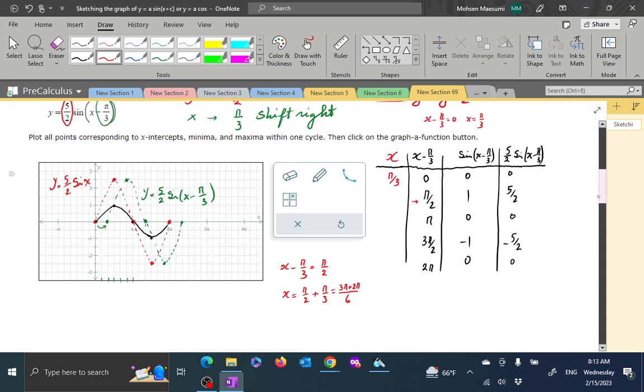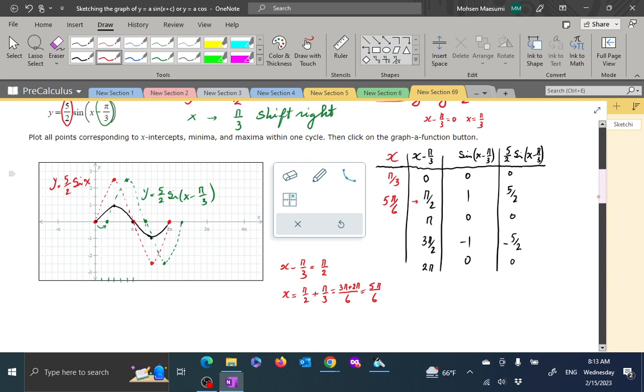This becomes 2 pi. That is 5 pi 6. So when x is 5 pi 6, then x minus pi third is pi over 2. And I know that the sine of it is 1. And the 5 halves times sine of that is going to be 5 halves.